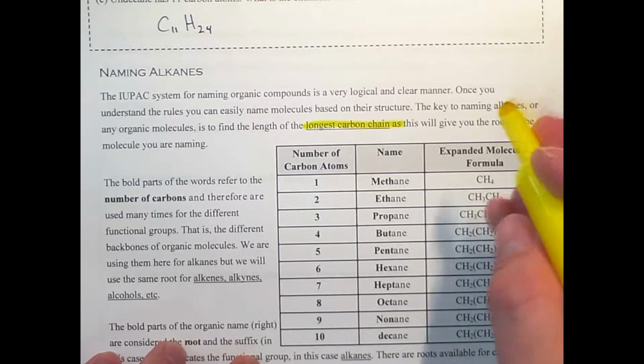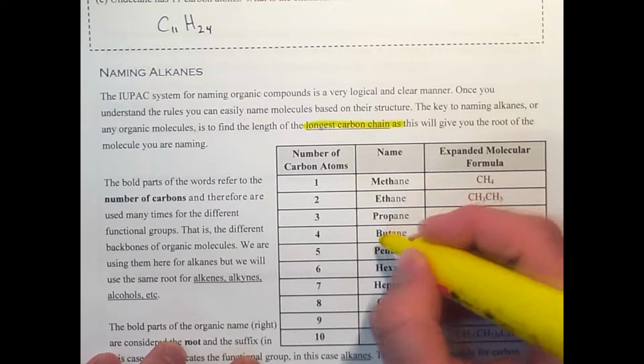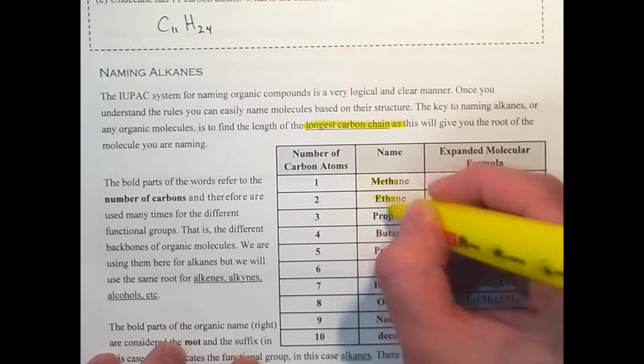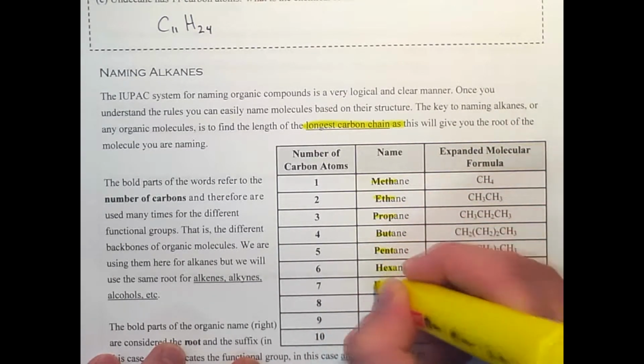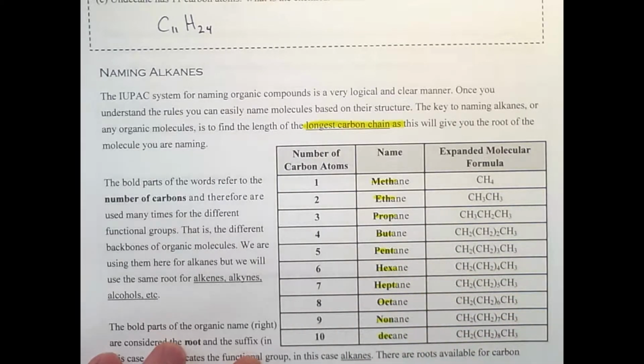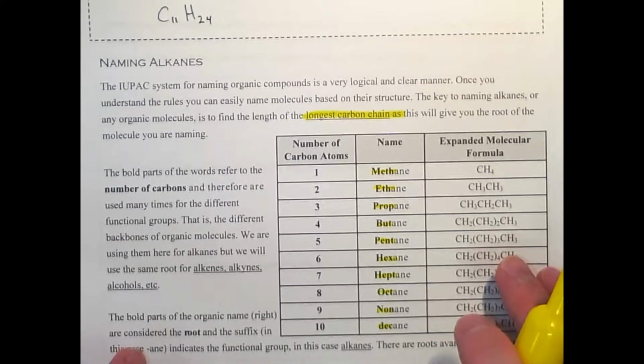These are called the roots, the little beginnings to this word. These are just the lower hydrocarbons, up to 10, and it does continue all the way up past 20. There are names that continue on beyond this, but these are the most common ones that you're going to come in contact with.